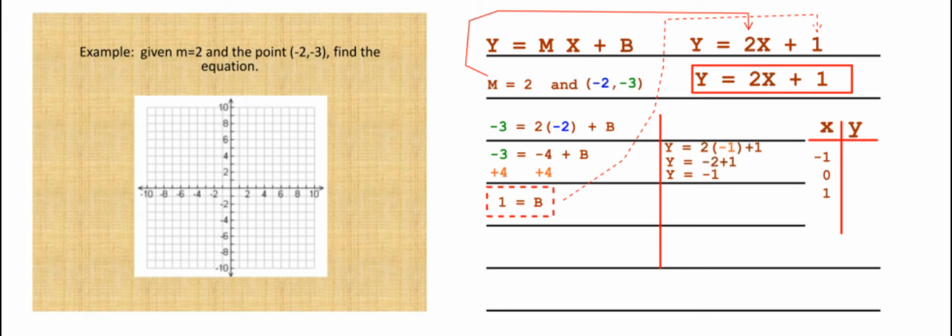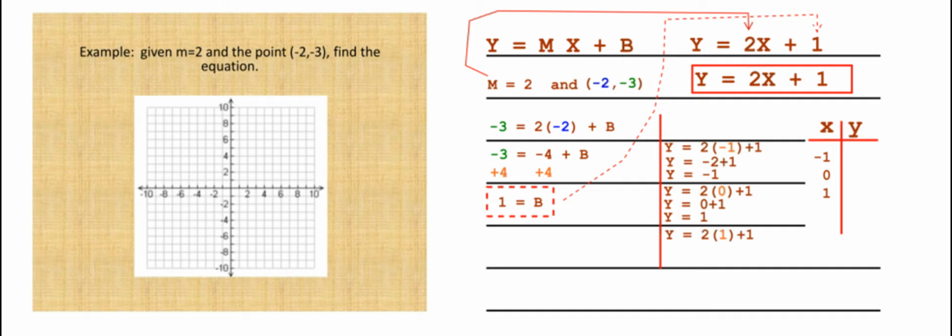So when x is -1, y is -1 for this particular case. Let's go for the next case scenario. When x is 0, plugging in 0 where the x value is. So y equals 2 times 0, 0. 0 plus 1, 1. So when x is 0, y is 1.